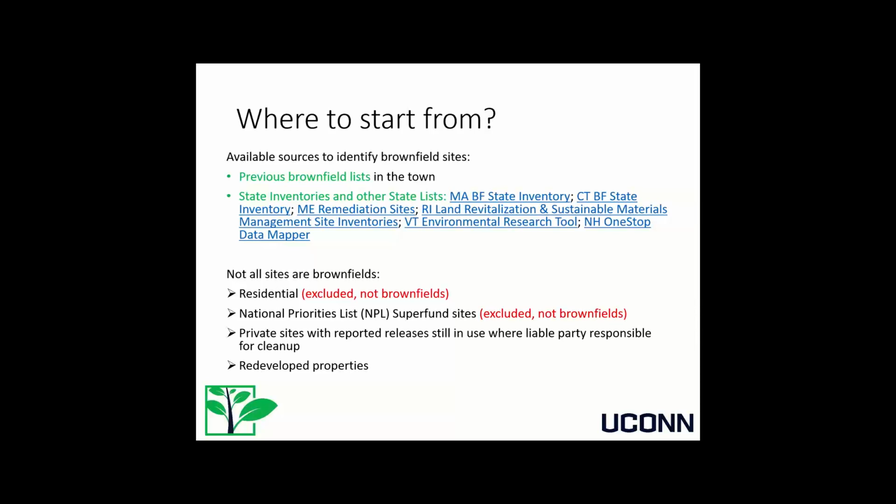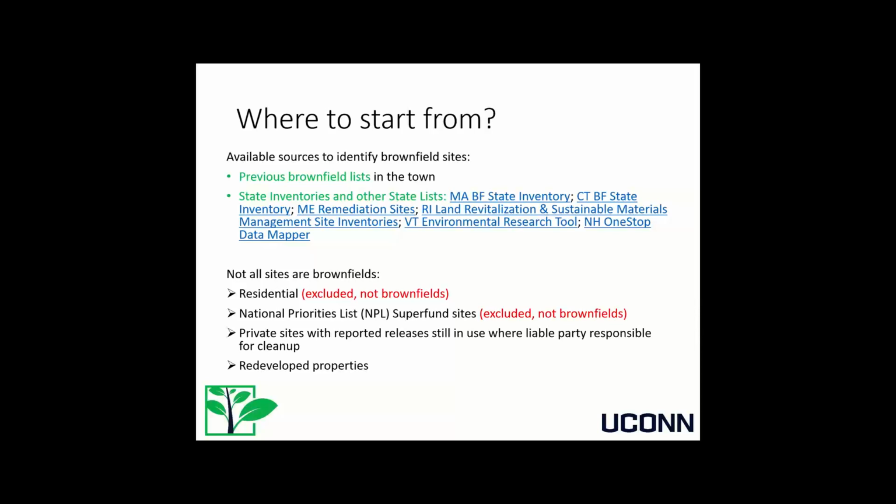You can take a look into those and start identifying some properties, but there's probably more that you need to add. There could be other lists with potentially contaminated sites that you can start from, and see if that property meets the criteria of the brownfields definition, and hence identify more sites.